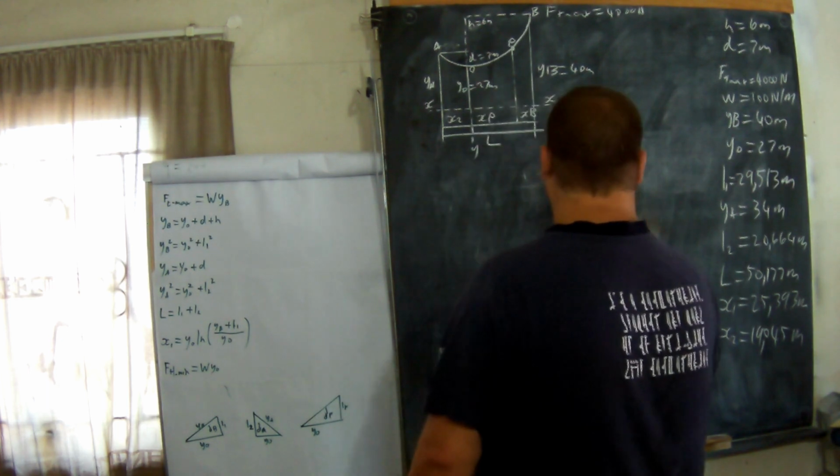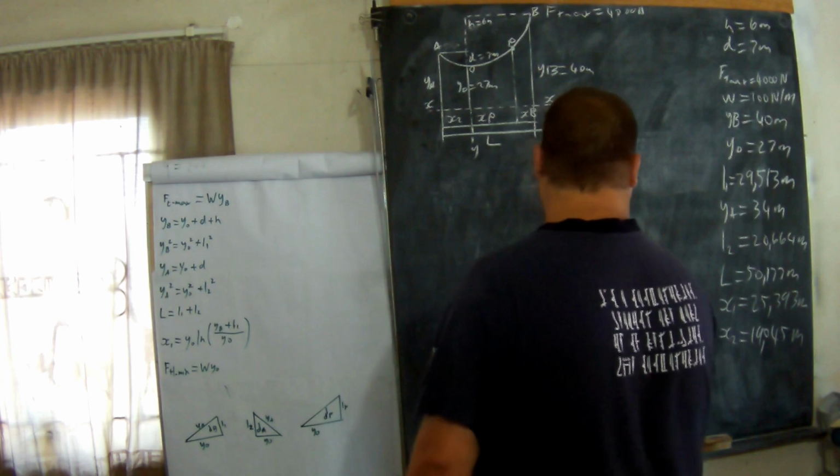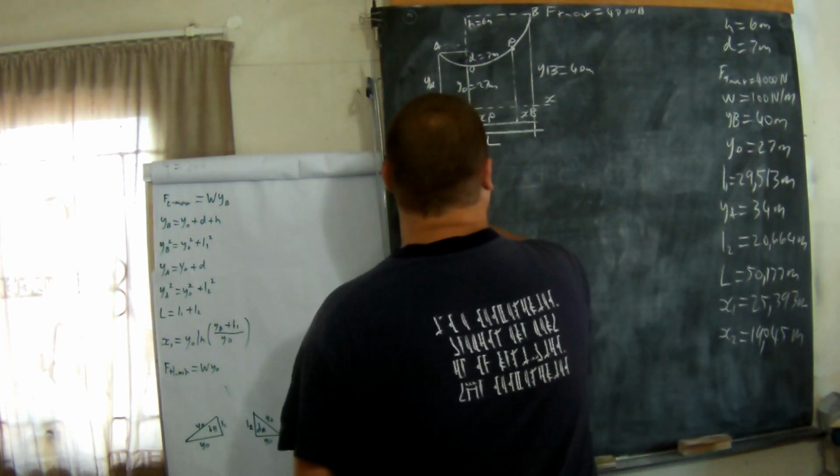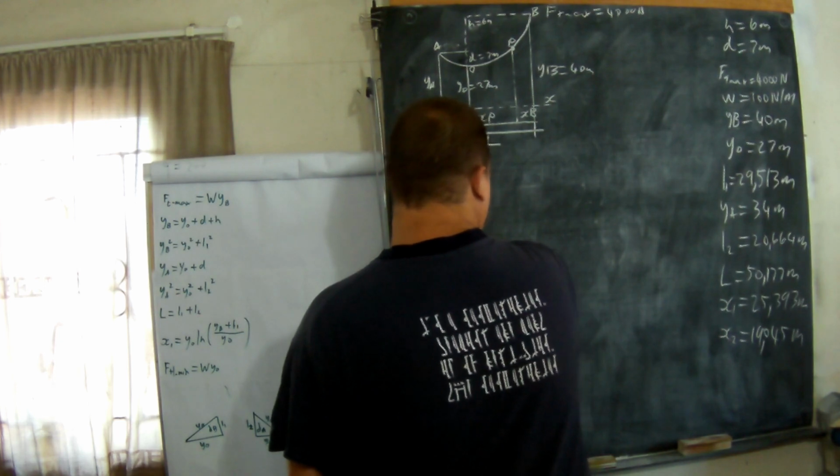Now what we've got to do is work out the distance between the supports, which is x1 plus x2.